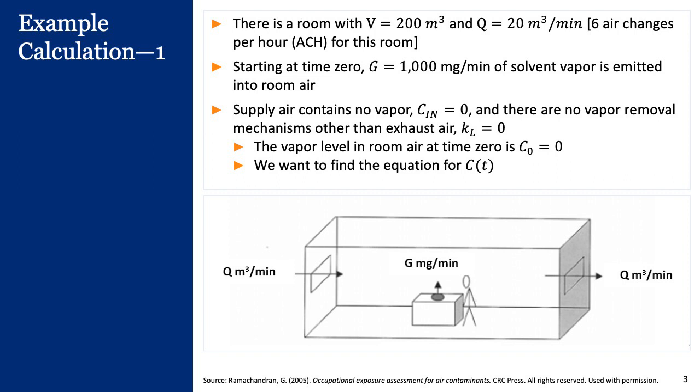So let's take a brief moment to discuss this term ACH, or air changes per hour. What we are saying is that if we have a room of volume 200 cubic meters and the airflow is 20 cubic meters per minute, then in an hour, which has 60 minutes, we'll have 1,200 cubic meters of airflow per hour.